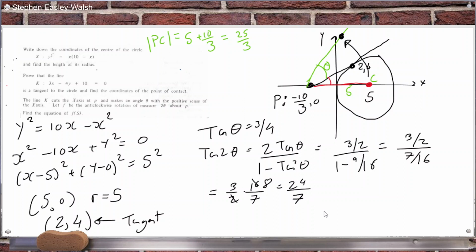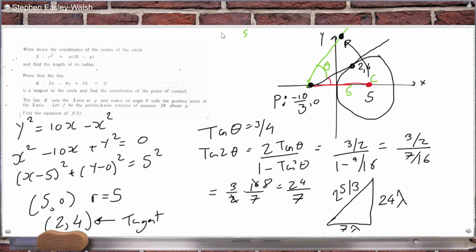So I'll just draw a triangle. And this length here is 25 over 3. So I need to find, I know these are in the proportion of 24 to 7. So I'm sure I do a quick Pythagoras and I can figure it out. Let me make a bit of space.